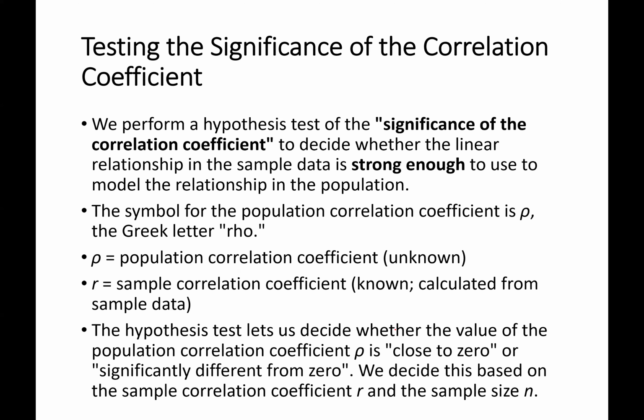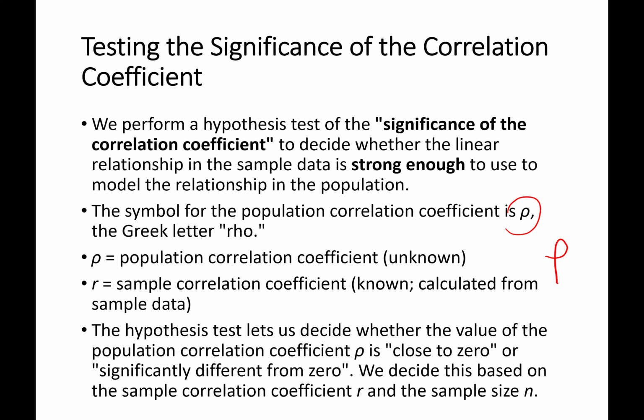The symbol for the population correlation coefficient is the Greek letter rho. It's kind of a fancy P, but it's really the Greek letter R. So it's the Greek letter rho. Rho is the population correlation coefficient, which we don't know.